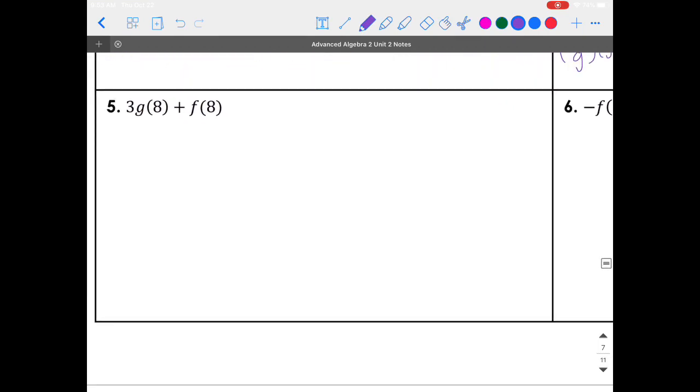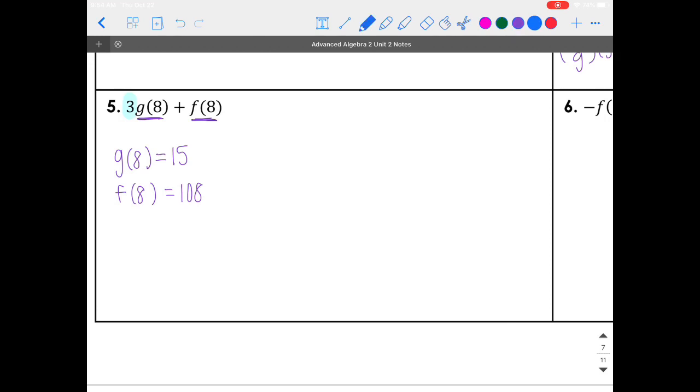All right, and then I get to a few a little bit harder, but the only thing that's different is I'm now multiplying g of 8 by 3, but I'm still going to start by finding g of 8 and f of 8. And if I look back at number 2, guess what? I've already done that. So I know that g of 8 is 15. f of 8 is 108.